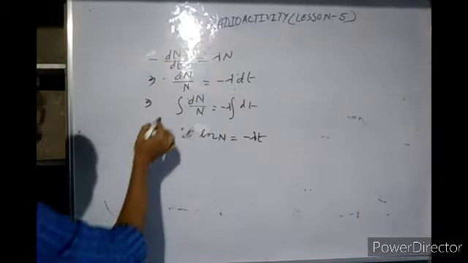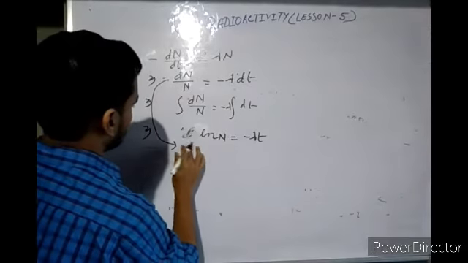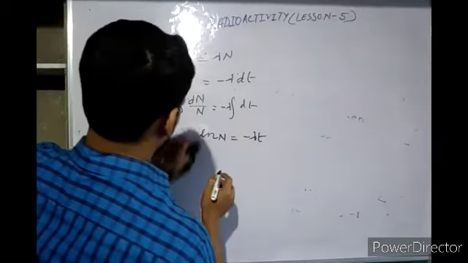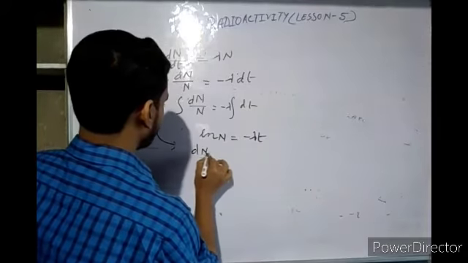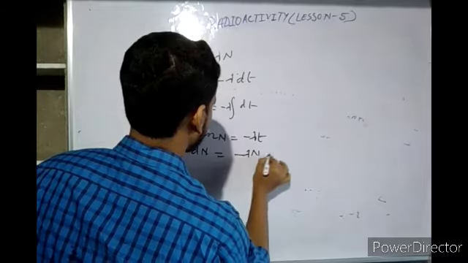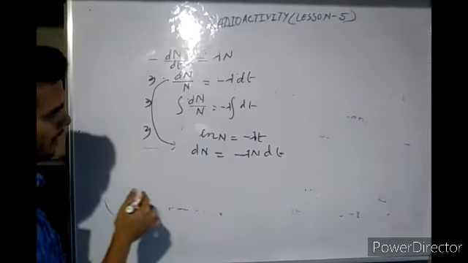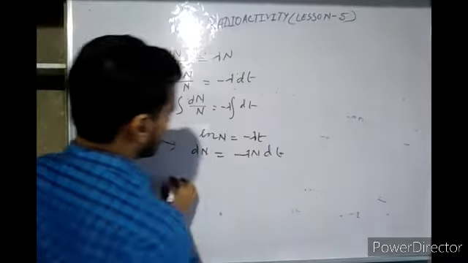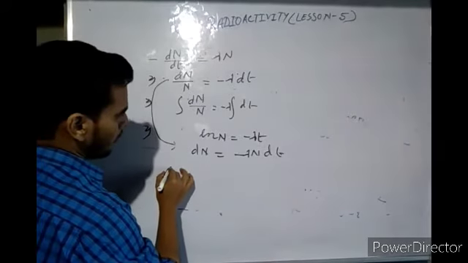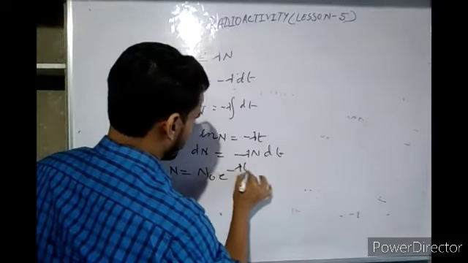Now from this line we get dN equals minus lambda N dt. And from the mathematical derivation we found the value of N equals N0 e to the power minus lambda t.